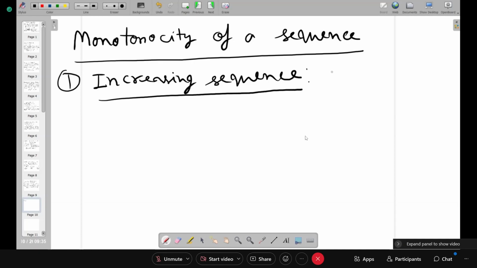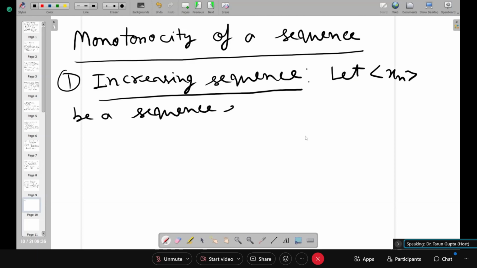Increasing sequence means let xn be a sequence such that xn+1 is greater than or equal to xn for every n belonging to N. This is called an increasing sequence, meaning terms are increasing.